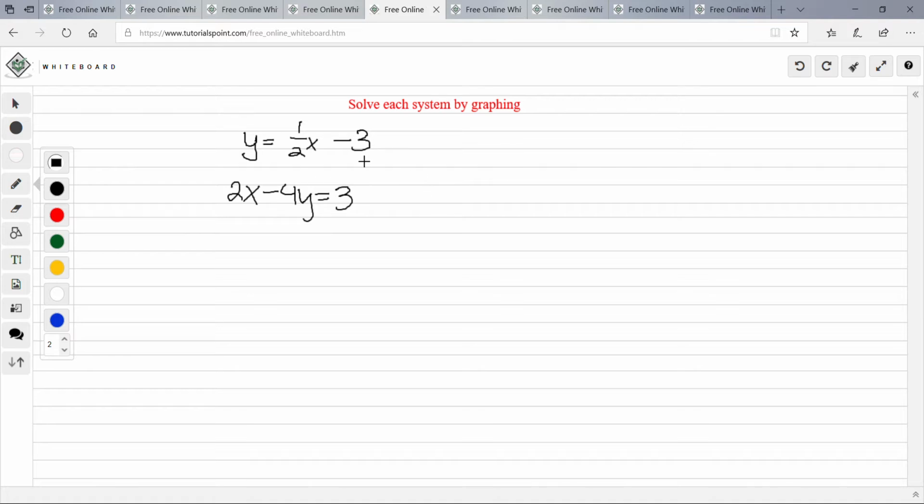Let's start with the top. What is our y-intercept for this equation? It's (0, -3), right? Because that's our b. And then our x-intercept, how do we figure that out?